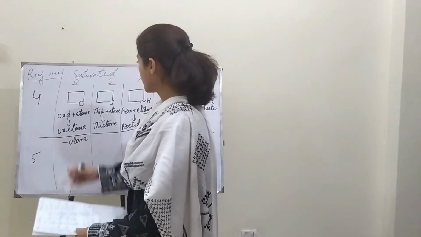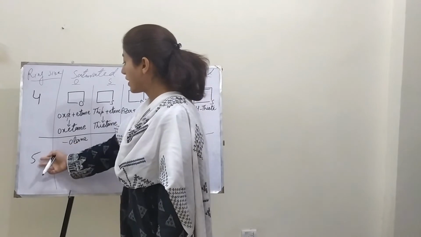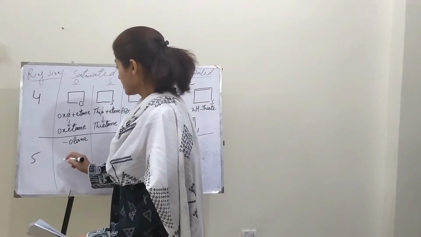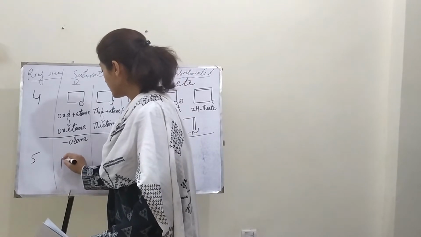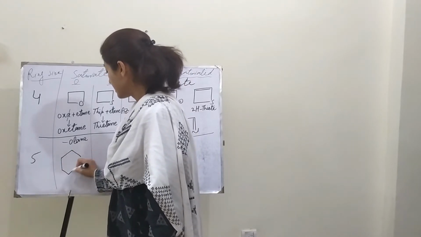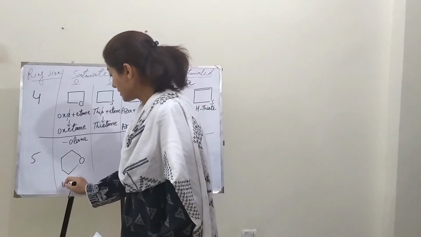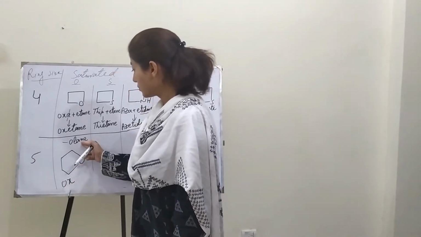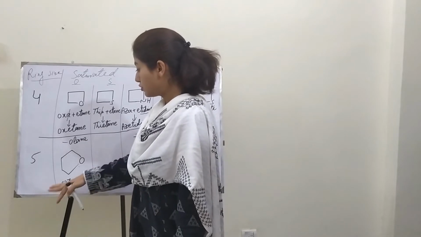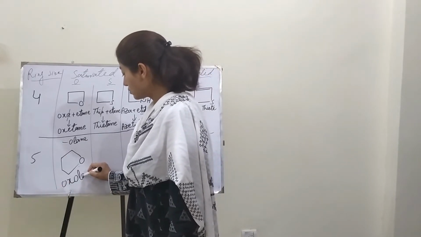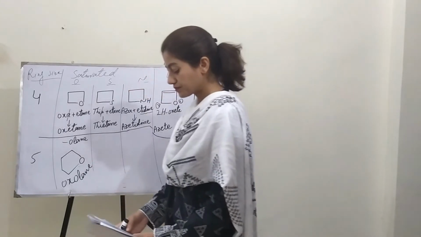Olane means the saturated system with five-membered ring. So in the case of oxygen, the structure is like this and its name would be oxa plus olane, but the A would be omitted and its name would become oxolane.